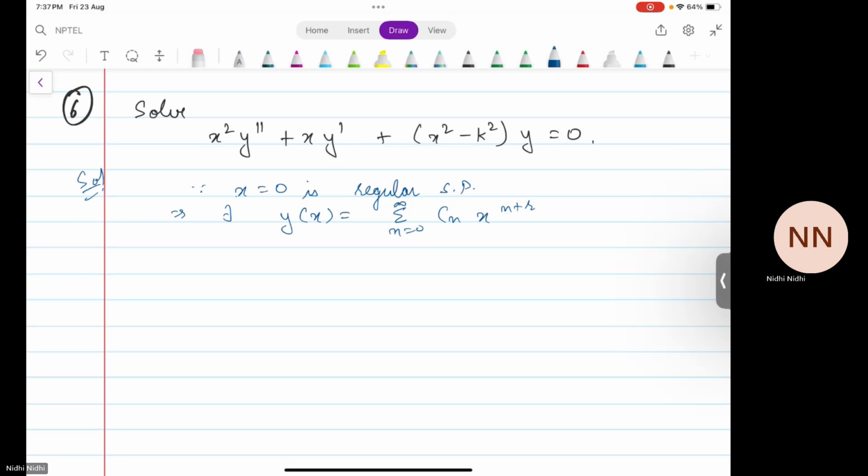For this, our indicial equation will be (k plus n)(k minus n) is equal to 0, where this n is an integer.